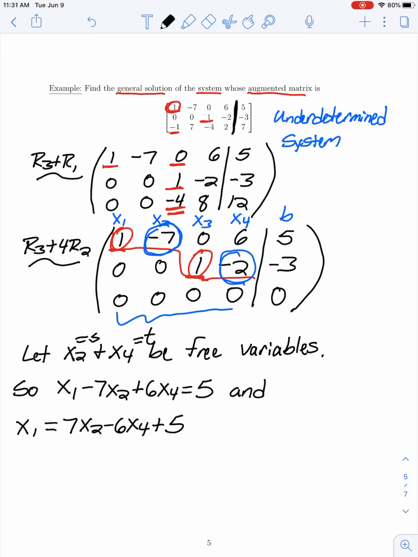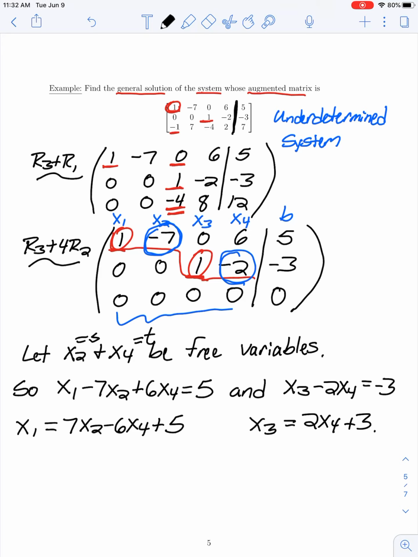And to solve for x3 in terms of my free variables, I'm going to make use of my second row in the matrix, which as an equation says 1x3 minus 2x4 is equal to -3. Or x3 is equal to 2 times x4 minus 3.